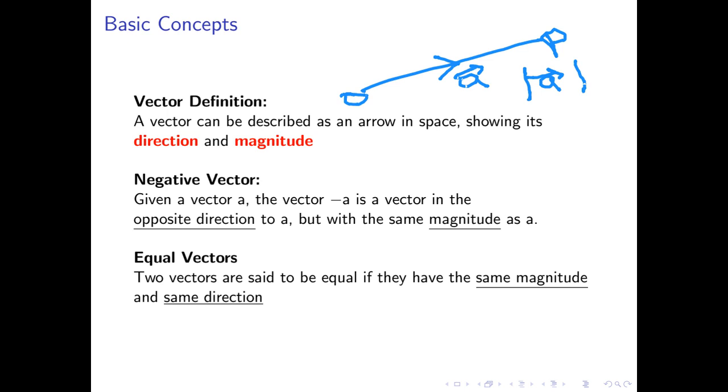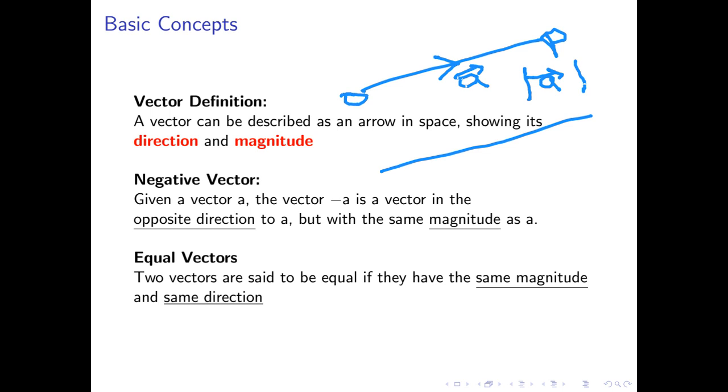Another concept which I would want you to understand is the concept of negative vector. Negative vector is simple to understand. I've drawn this line or this arrow and I've called it vector A, all right? Let's draw a separate arrow, okay? And let's make this triangle face back.